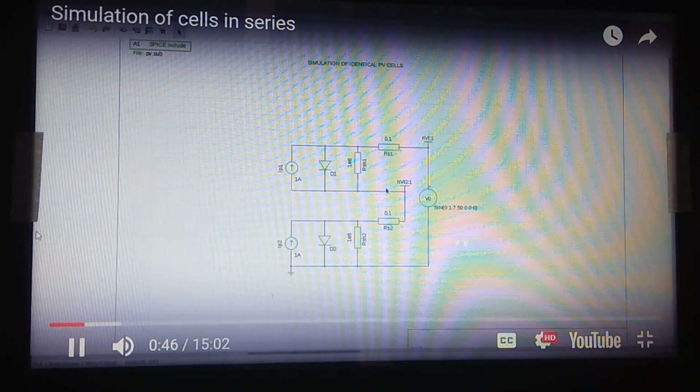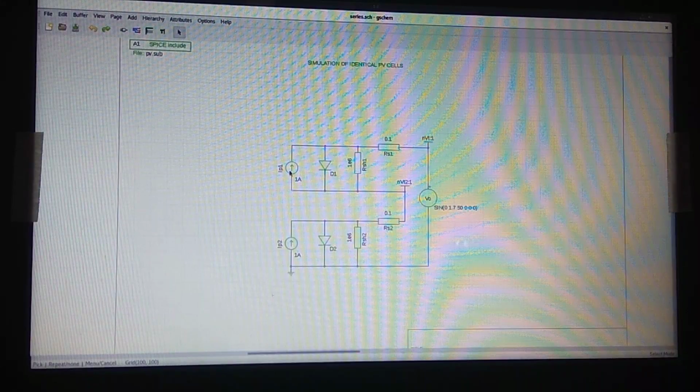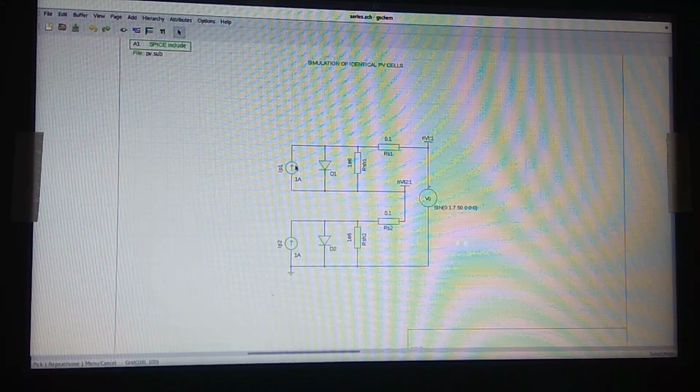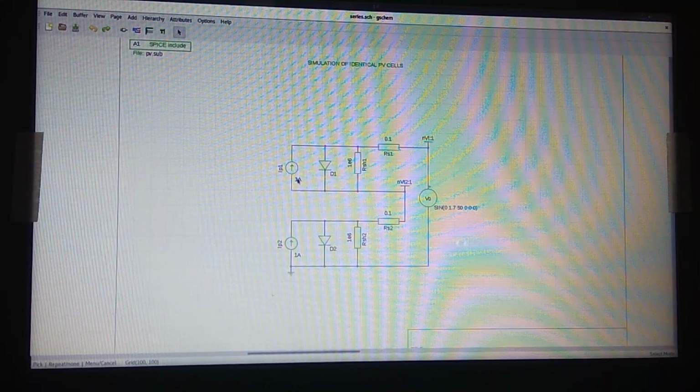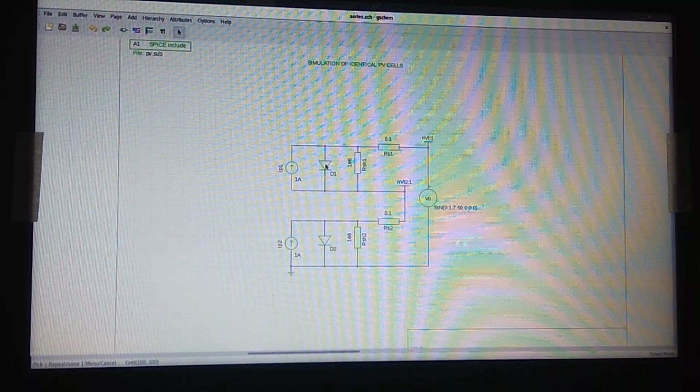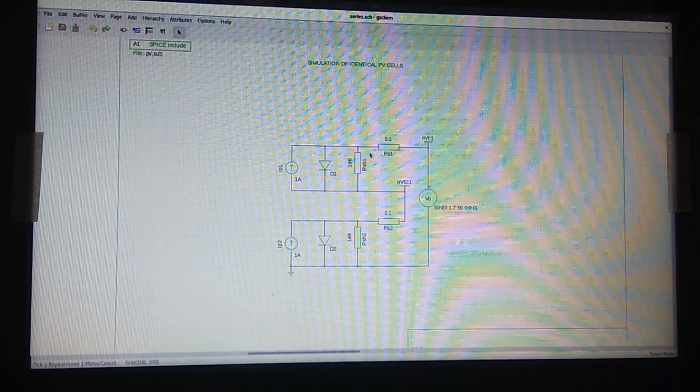I have named this one PV cell 1. It has the insolation current source of 1 amp, a diode D1, a shunt resistance and a series resistance. Likewise, for PV cell 2, there is an insolation current source IP2, 1 amp, the same value, D2, and R shunt and R series come into the picture.